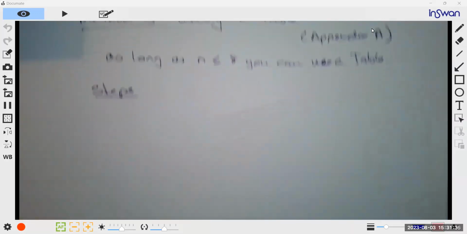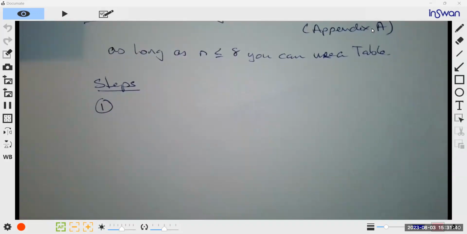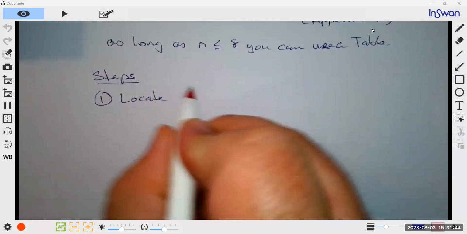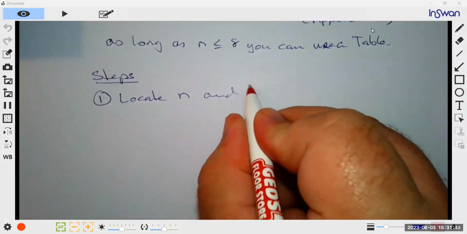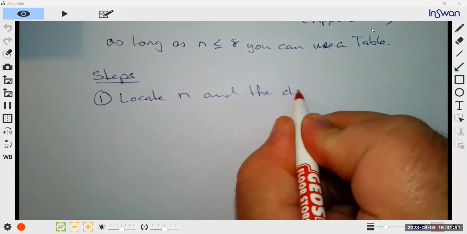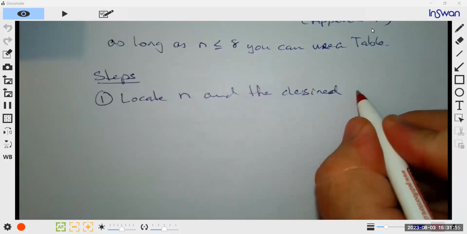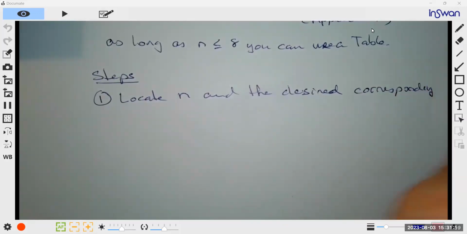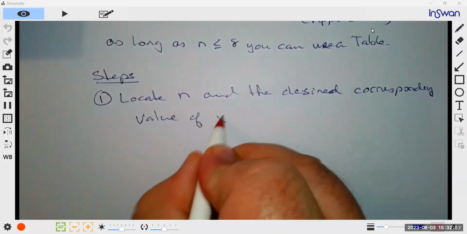Here are the steps using a table. Step 1. Locate n and the desired corresponding value of x.